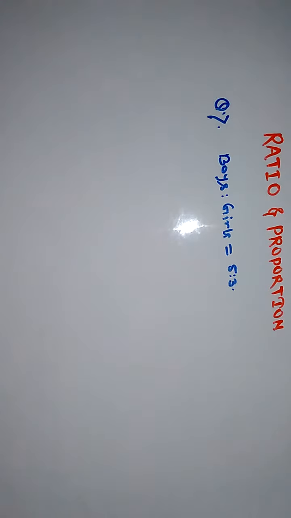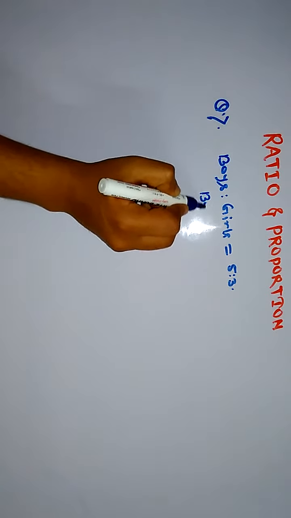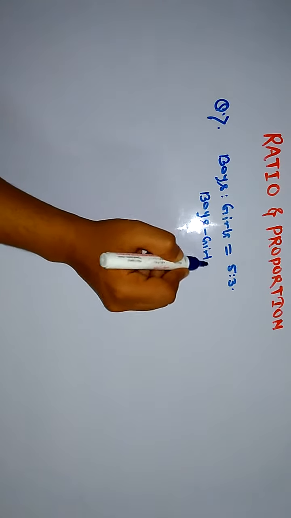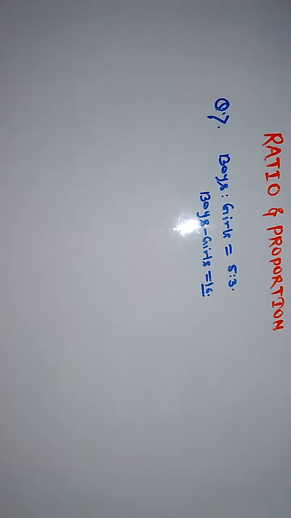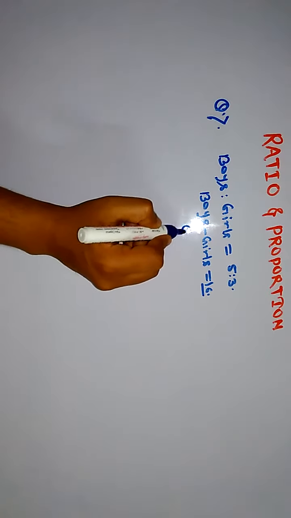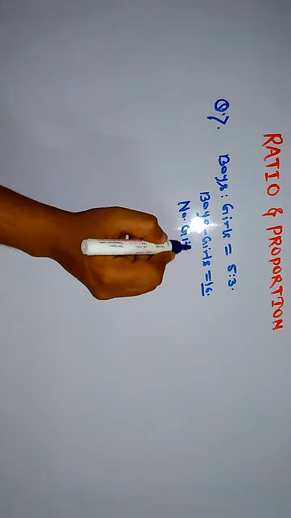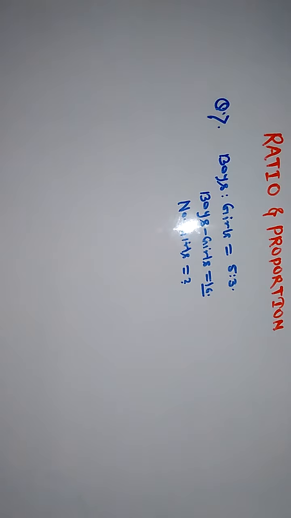And the class has 16 more boys than girls, so the number of boys minus the number of girls is 16. So how many girls are there in the class, you have to find that number. Let me solve this problem.